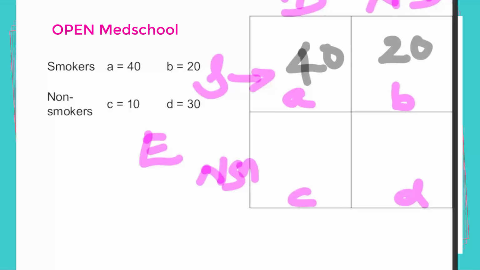In the column C, what you'll be writing is the disease in the non-smokers. Here 10 had cancer, so write the 10. And in column D, we write no disease in the non-exposed. That is, in the non-smokers, how many had no cancer? The value is 30.